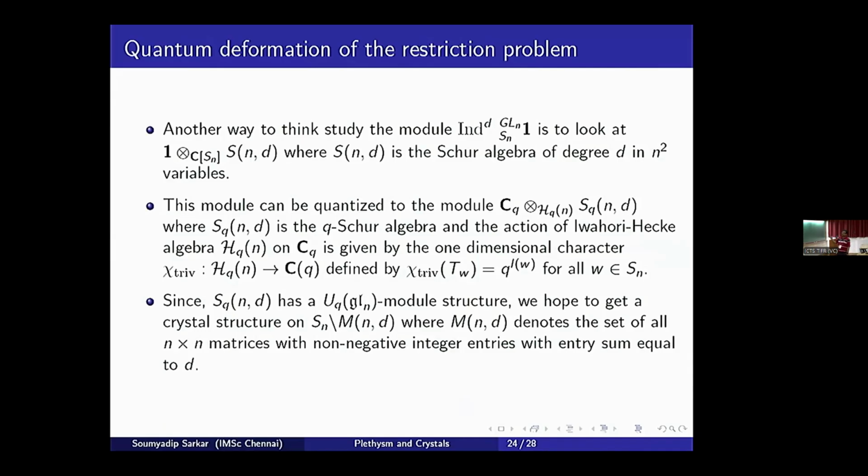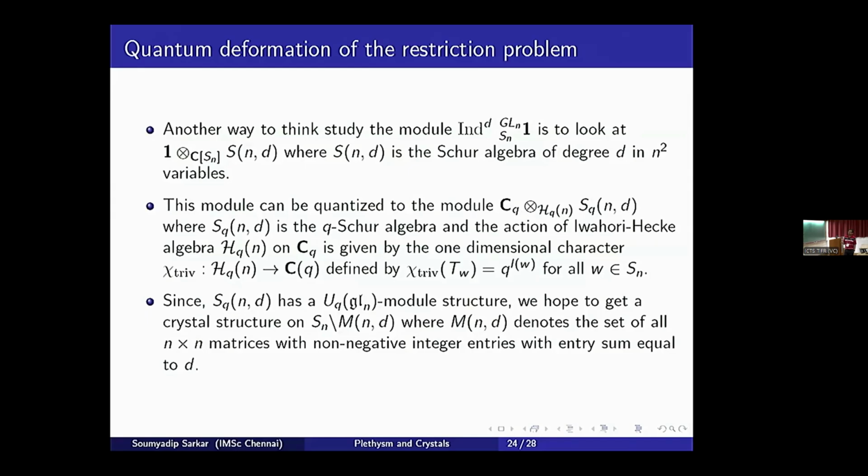And this can be defined because there is a one-dimensional character of H_q(n), which is given by T_w goes to q to the power length of w. T_w is the basis of H_q(n) indexed by the elements of S_n. And since this S_q(n,d) can be realized as a quotient of U_q(gl_n), S_q(n,d) has a U_q(gl_n) module structure, and the basis of this space, this 1 tensor C[S_n] S^n_d.